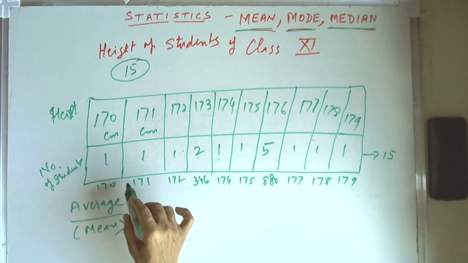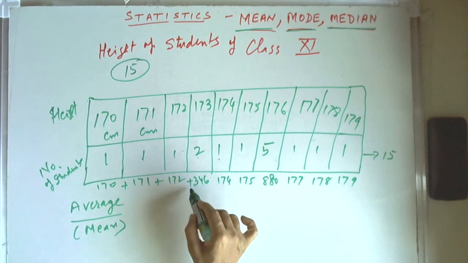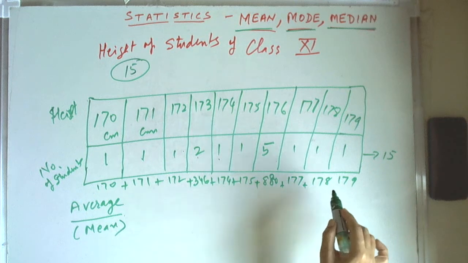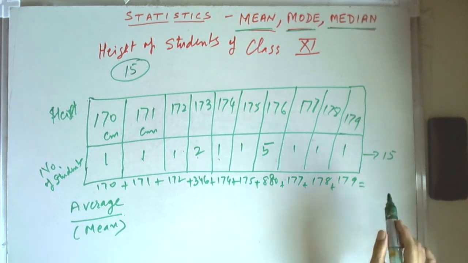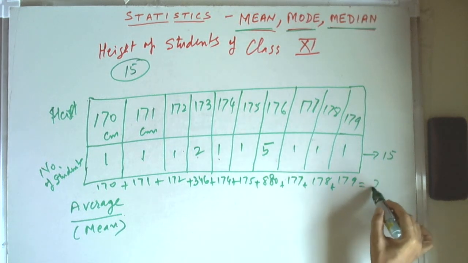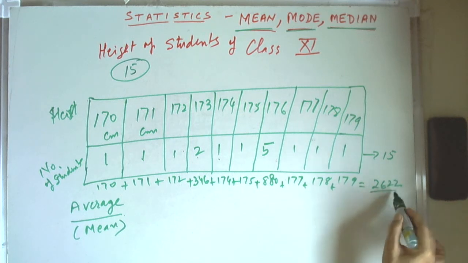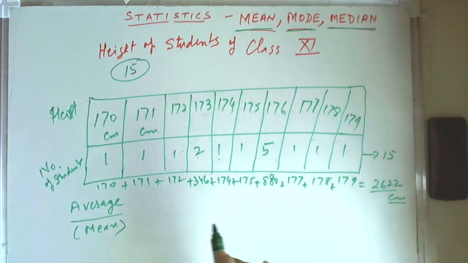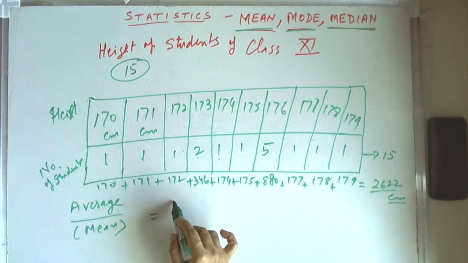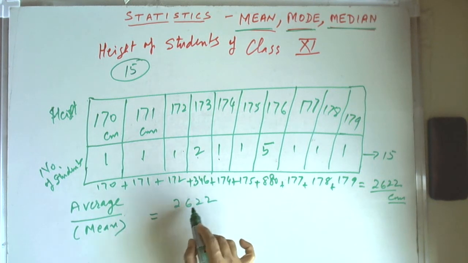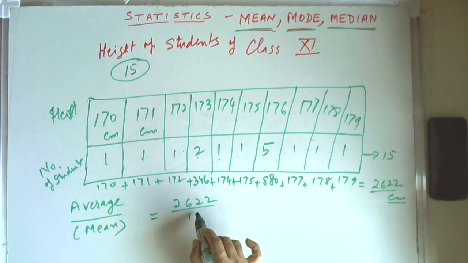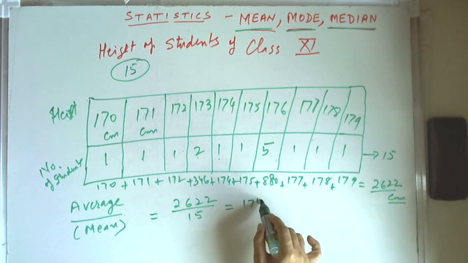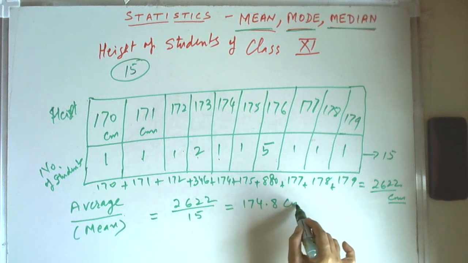So now if we add all of this, we get a total of 2622 centimeters. So this is the height of all the 15 students put together. So the average will become 2622 divided by 15, and if we divide this, we will get a figure of 174.8 centimeter.